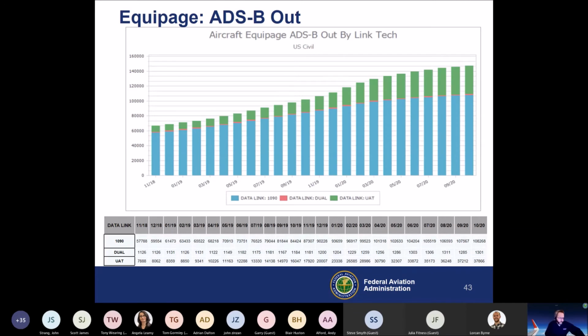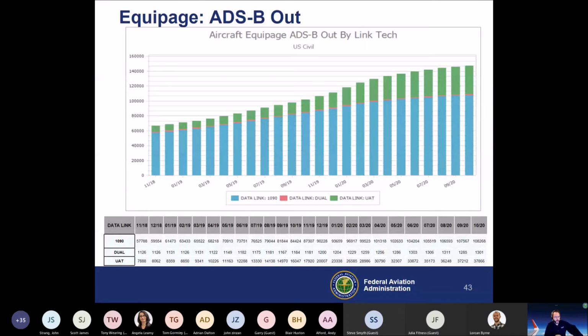This is a different look at the same kind of data. These are the two different links: the 1090 link and the UAT link, and dual, since some equip with both. What's interesting is that after January 1st of 2020, these UAT solutions really started to kick in.